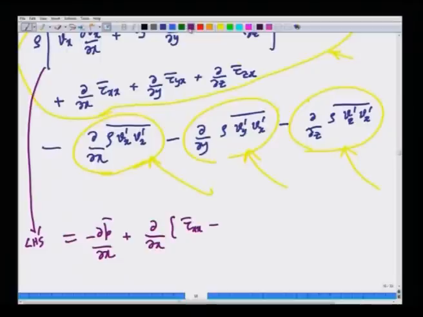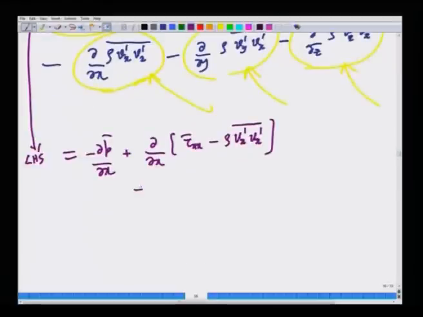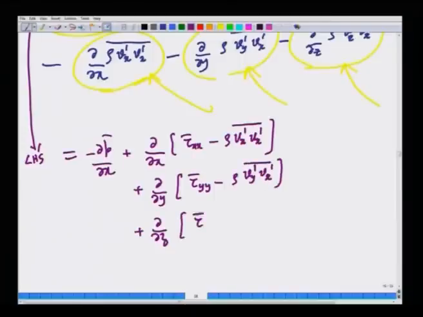So, this becomes minus rho Vx prime Vx prime, plus partial by partial y of τyx minus rho Vy prime Vx prime, plus partial by partial z of τzx minus rho Vz prime Vx prime average.